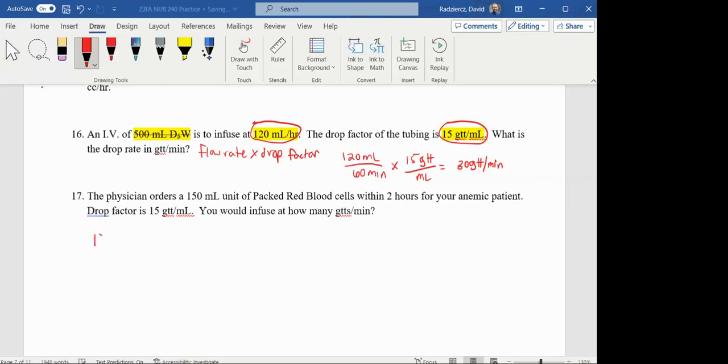To be consistent, I'm just going to take the flow rate times the drop factor. And then what I'm going to get is 18.75 drops per minute. But again, I can't give somebody 3/4 of a drop. It's whole or nothing. So I'm going to round that to 19 drops per minute.